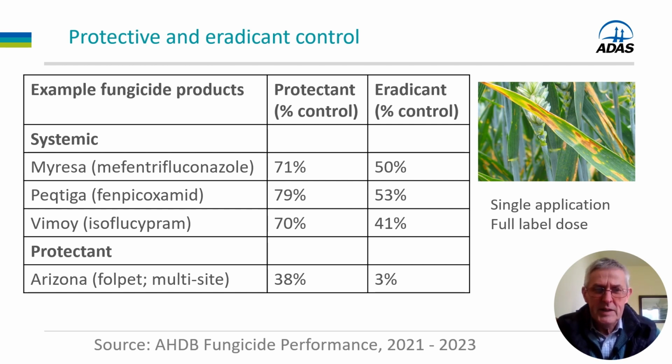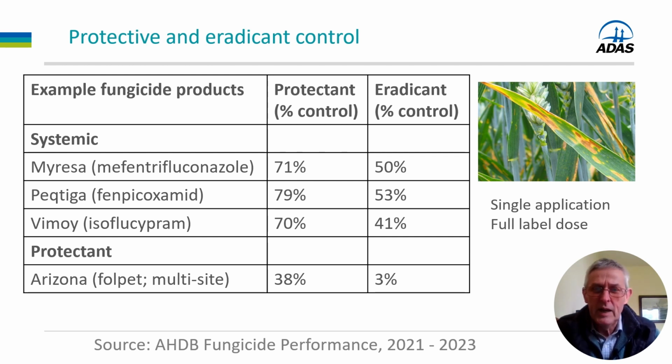This is data taken from the fungicide performance trials over a 3-year period, and I've picked out data from 3 of the most recently introduced systemic single-site acting fungicides: mefentrifluconazole, which is an azole, fenpicoxamide, which is a QII fungicide, and isoflucipram, which is an SDHI fungicide, so different modes of action.